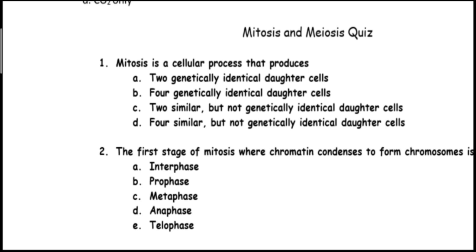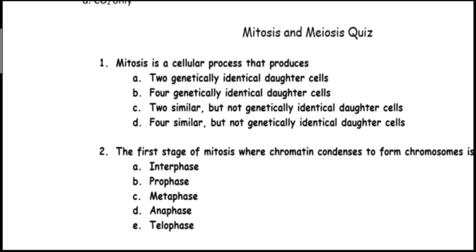Interphase, this is the longest part of the cell cycle, where the gap 1, S phase or synthesis phase, and the gap 2 phases happen. Okay, prophase is the condensing of the chromosomes from thread-like structure to condensed chromosome. Metaphase, this is where the chromosomes line up at the center.